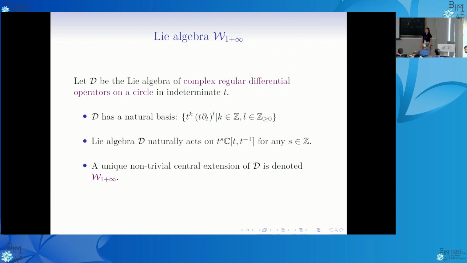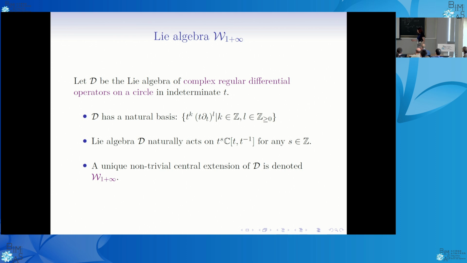This is the algebraic object which we would like to discuss today. Let us consider a circle, and let's introduce a coordinate on the circle, which we will denote as t. Let's look at complex regular differential operators on this circle. There are many ways to introduce a basis in this Lie algebra.